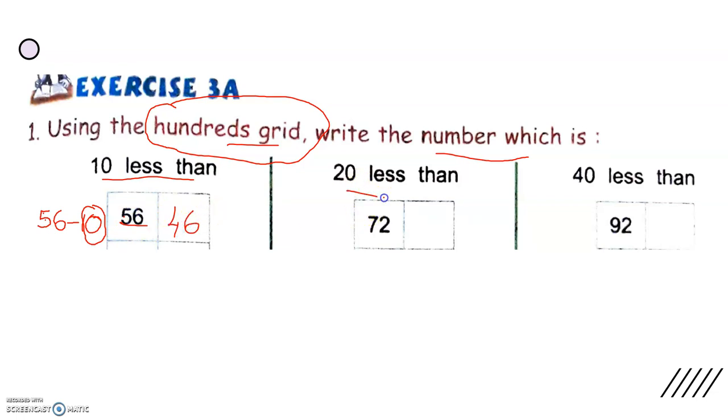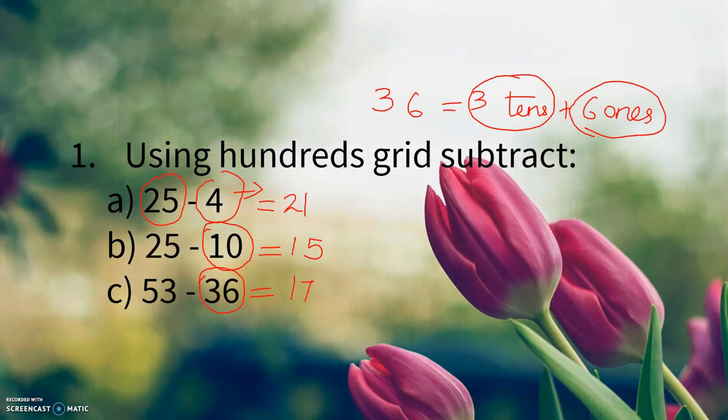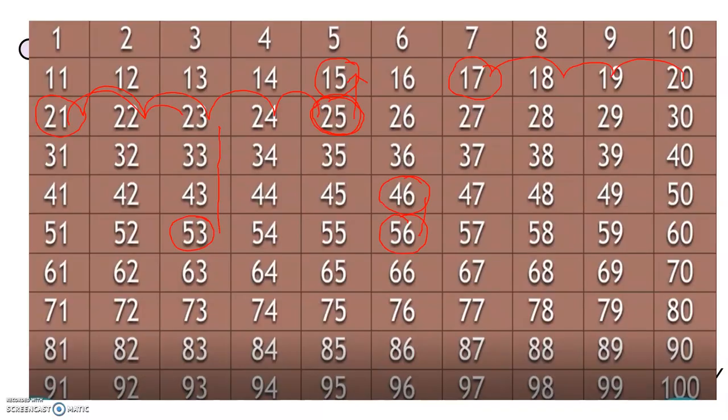Now 20 less than 72, which means you have to take away 20 from 72. 20 means 2 tens. You have to subtract 2 tens from 72. Using the hundreds grid, we can do 72 minus 20.